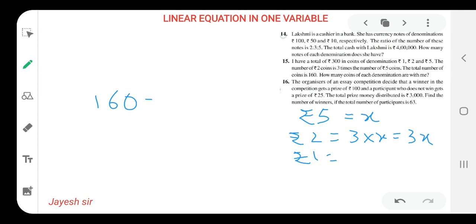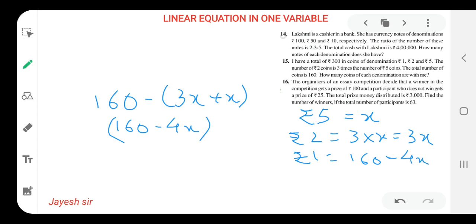Yes, friends, if we subtract them from the total, we would be able to find the 1 rupee coins. That means 160 minus 4x would be the number of 1 rupee coins, because total coins are 160. 4x came from x plus 3x. I hope you all are getting it.